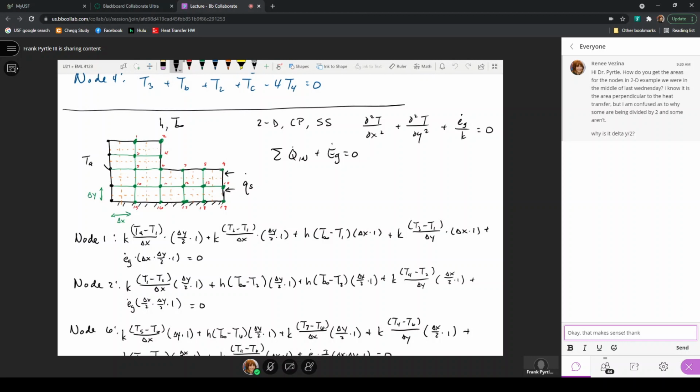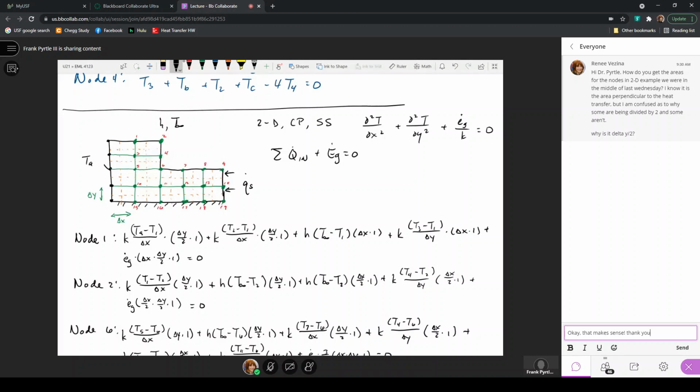And the heat transfer occurring with node number 4, from 4 into 2, that length is only a delta x divided by 2. So these are indications of the areas perpendicular to heat transfer here by conduction between node 4 and 2, by conduction between node 1 and 2, by convection with the surrounding fluid, and then the generation that's occurring is in the volume, which is this surface area that is projected a unit 1 into the page.